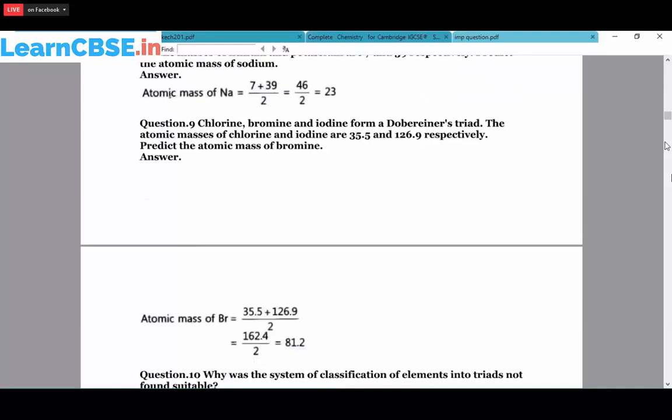Next question. Chlorine, bromine and iodine form a Dobereiner's triad. The atomic masses of chlorine and iodine are 35.5 and 126.9 respectively.